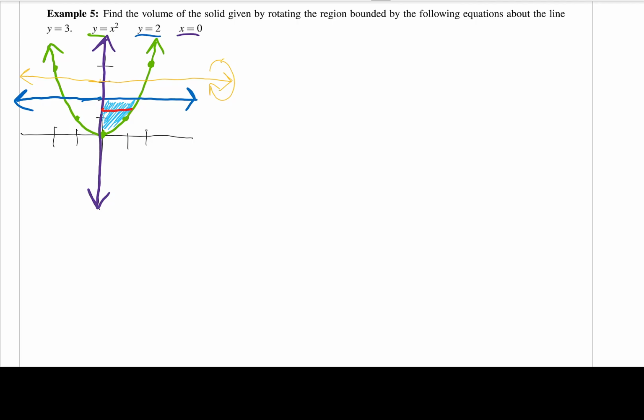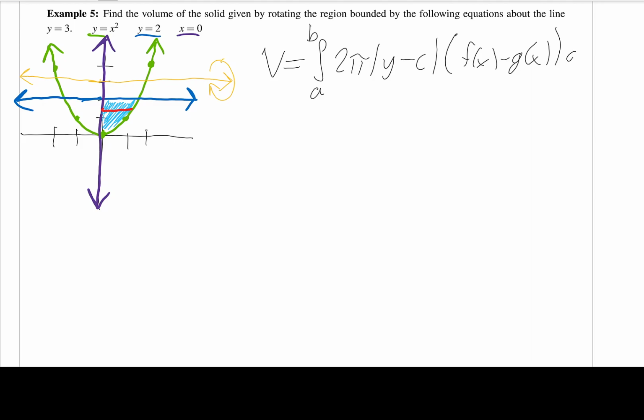Alright. So our integral formula, remember this is going to be V equals the integral from a to b of 2 pi absolute value y minus c times f of x minus g of x dx. And so let's go ahead and look at what these things are.